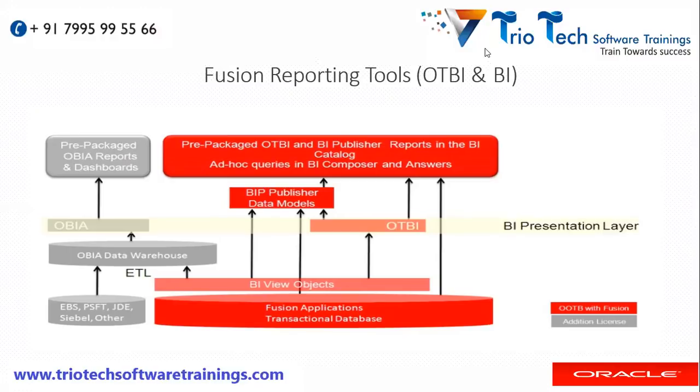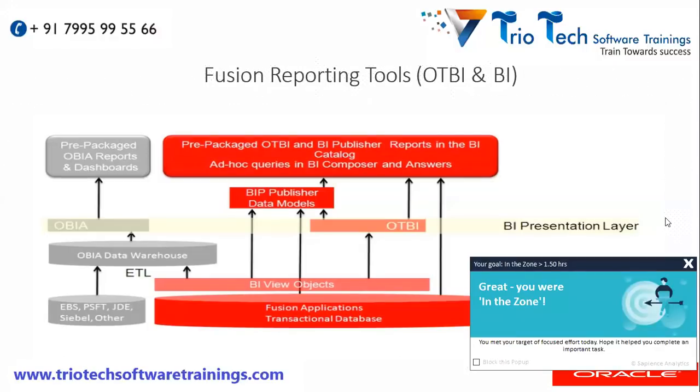When we talk about BI Publisher, it is strong in having your reports incorporated in various layouts and various outputs, in a more customizable and more restricted way, where we have complex report requirements.